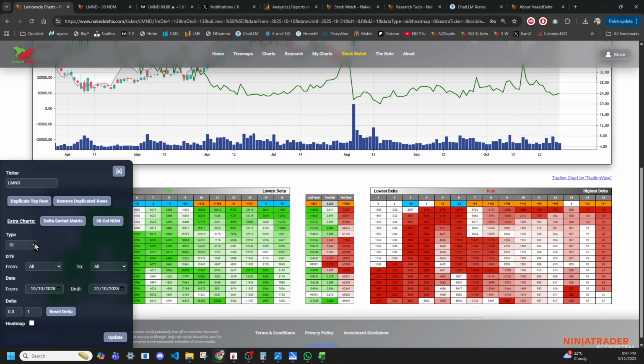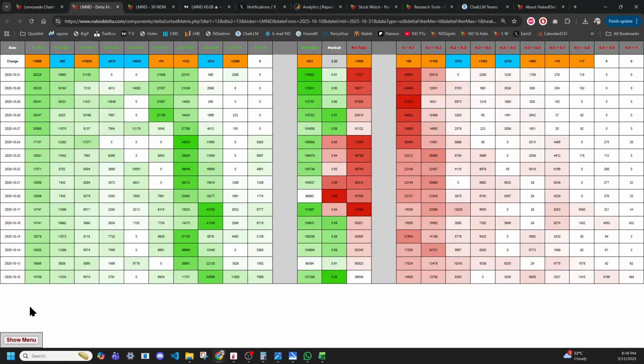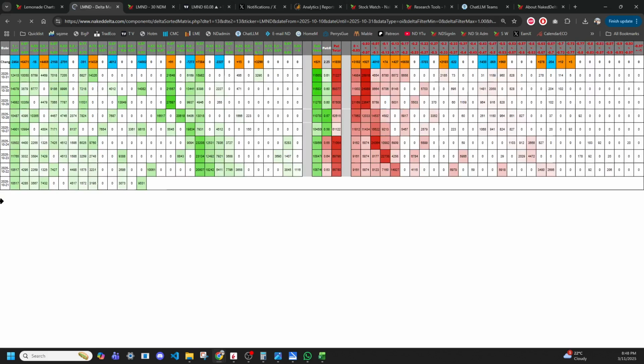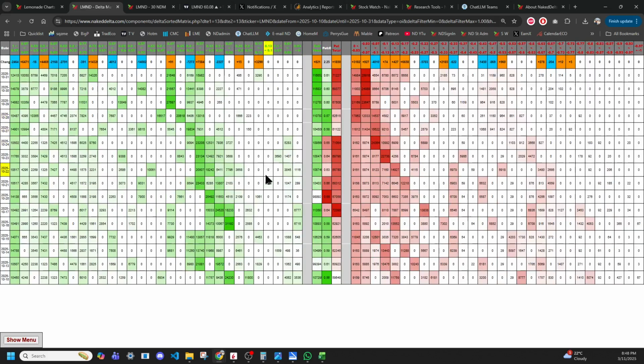If we just go through the next 2 little buttons, the Delta sorted matrix. So if I click on the Delta sorted matrix, it's this little matrix. It starts with a view of 10 columns in its matrix, and it can be put up to 30 columns, and it can go for anything in between.